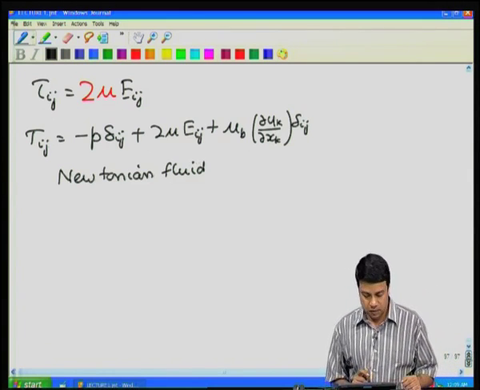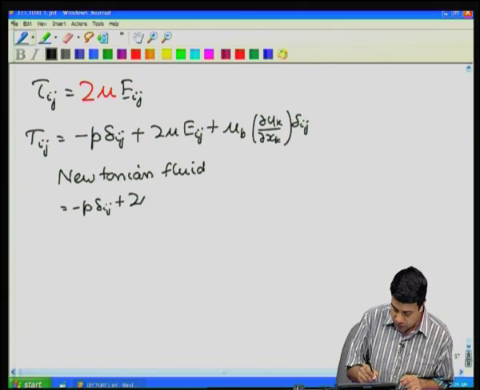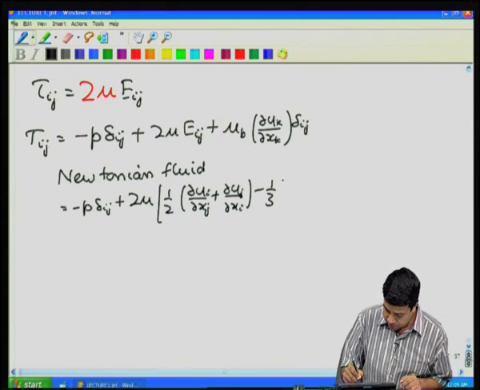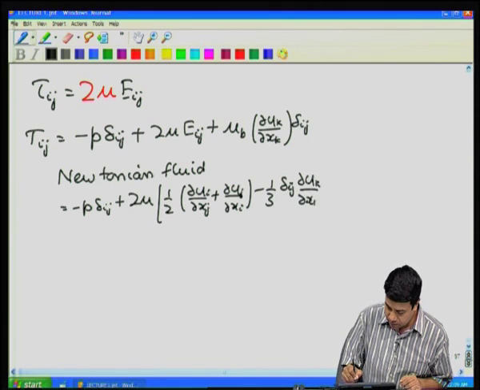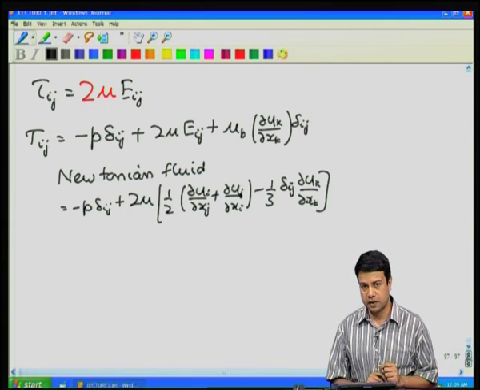And if I expand this out, this will be minus p delta ij plus 2 mu into half of the symmetric traceless part of the rate of deformation tensor.